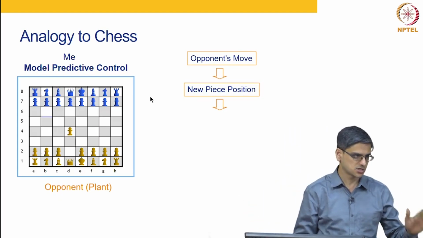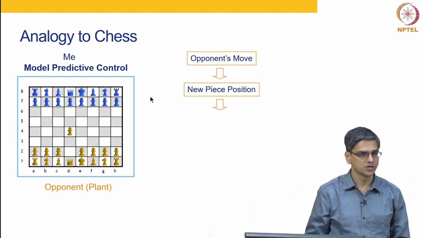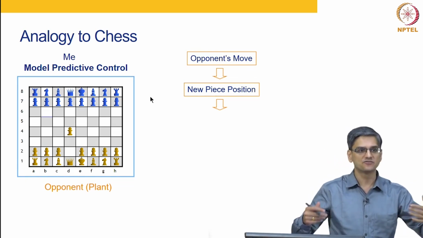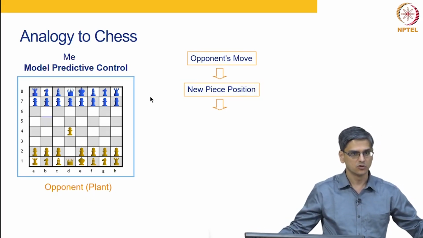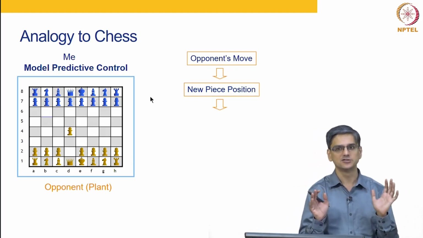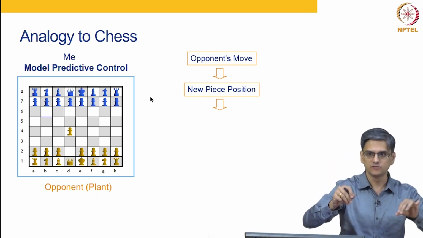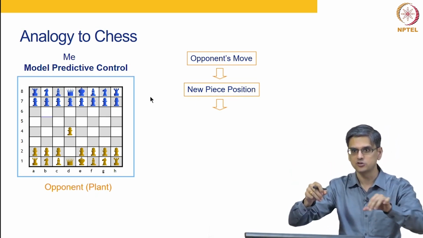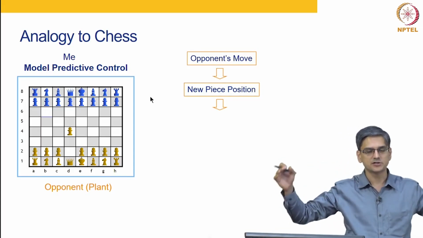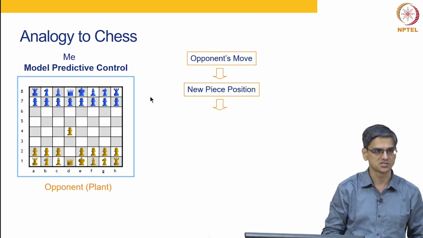Based on the opponent's current move, you try to predict what the opponent's future moves are going to be, but you are not going to predict only one future move, you are going to predict 5 or 10 or 15 or 20 future moves. But when you are predicting your opponent's future moves, you are not saying that I am going to sit and do nothing. You will say that maybe I will move this, then my opponent will move this, then I will do this, then my opponent will do this, then I will do this, and that way you are trying to determine the best chance of you winning the chess game.